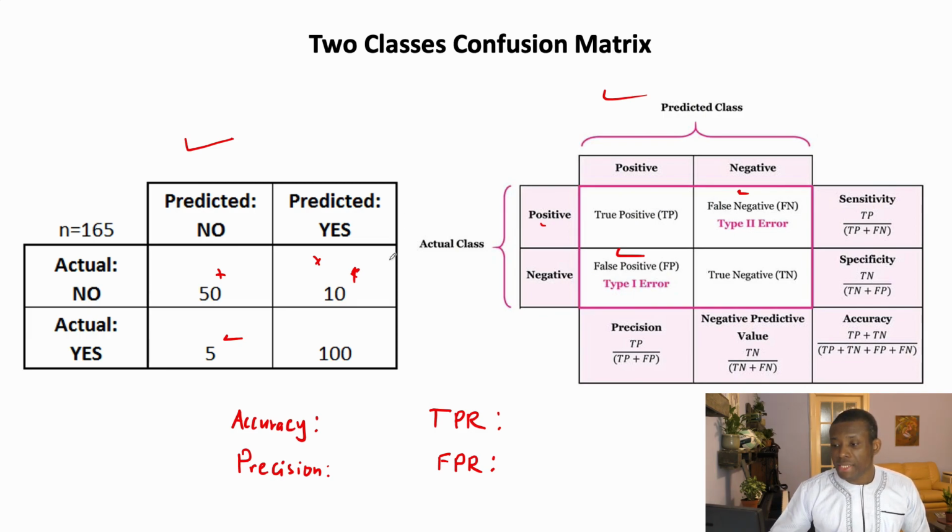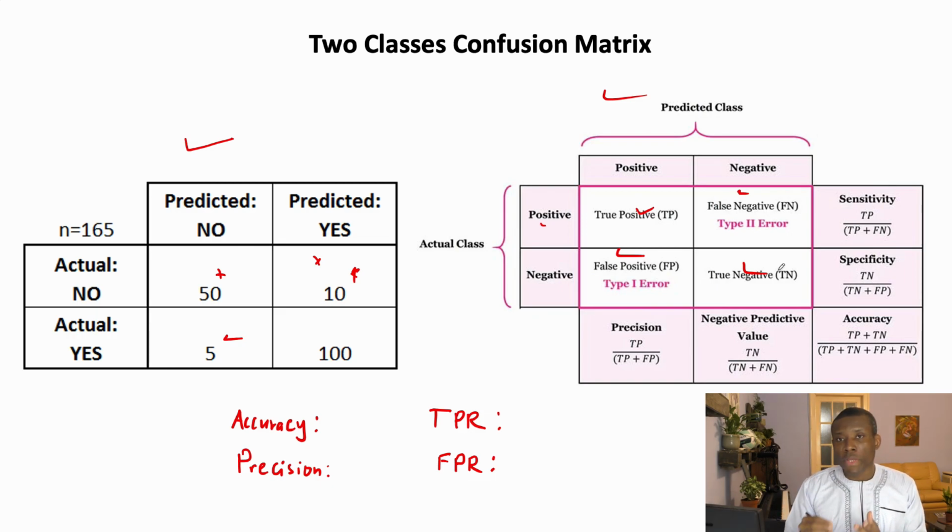So what you can see at this point is that the diagonal values going from top left downwards are true values. They are correct predictions. This is positive and is predicted correctly. This is negative and is predicted correctly. Off-diagonal values are wrong predictions, or the errors.